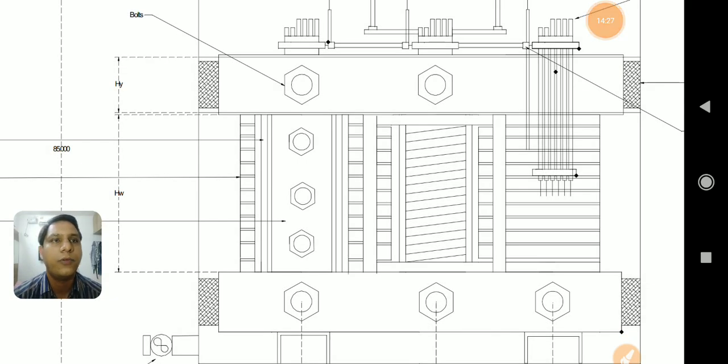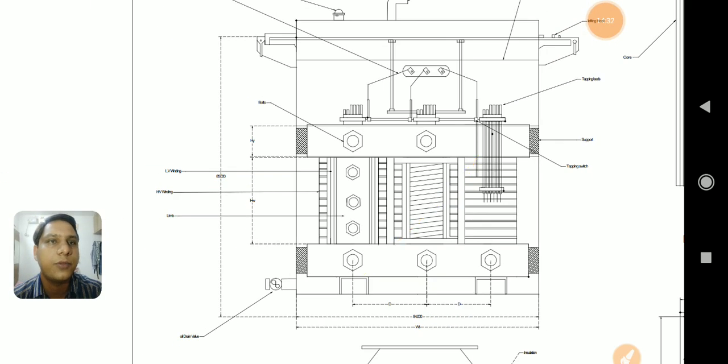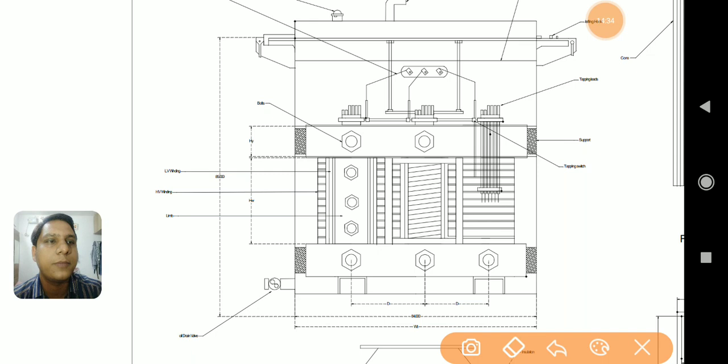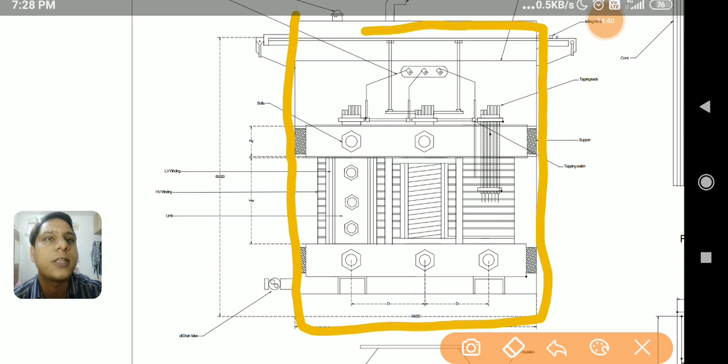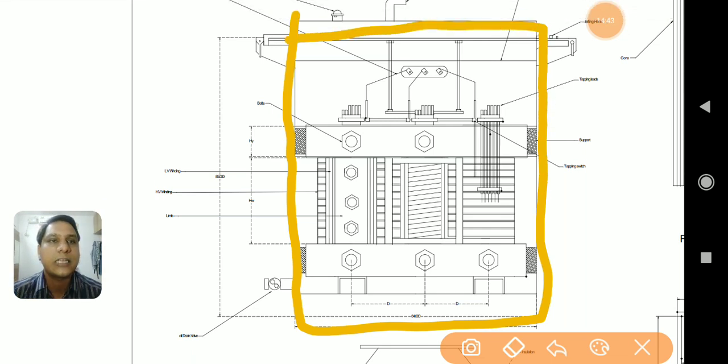Then if you look at the other parts of the diagram, you could find the diagram is representing not only the frame, but this part inside which the frame is placed is nothing but a transformer tank. The transformer tank is shown here, inside which the frame is fixed.